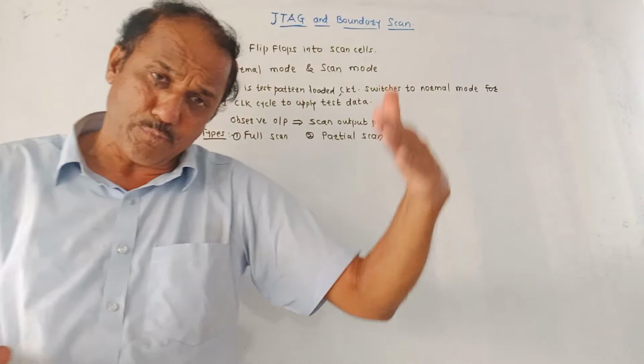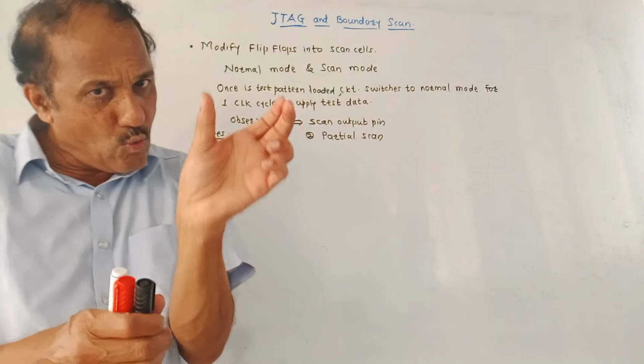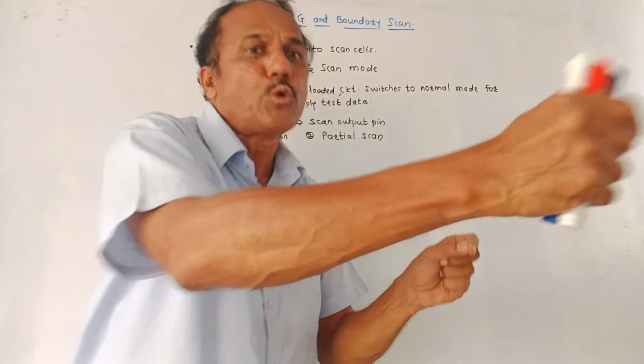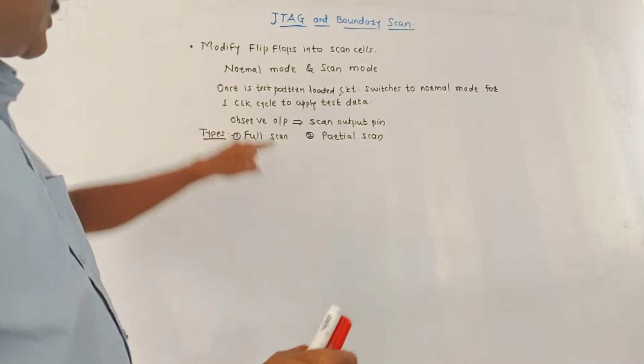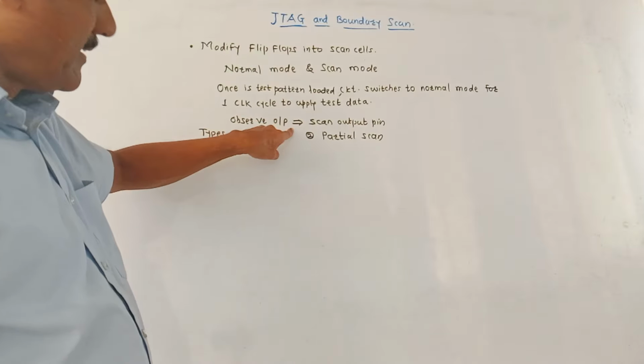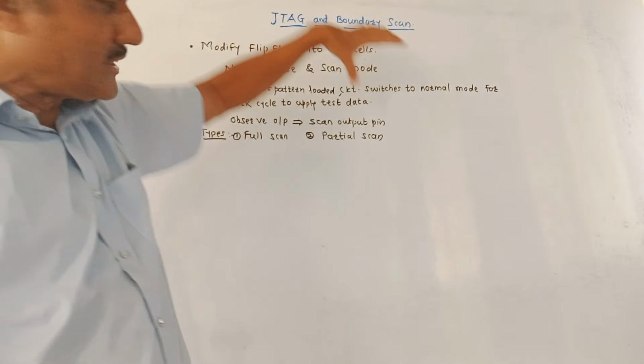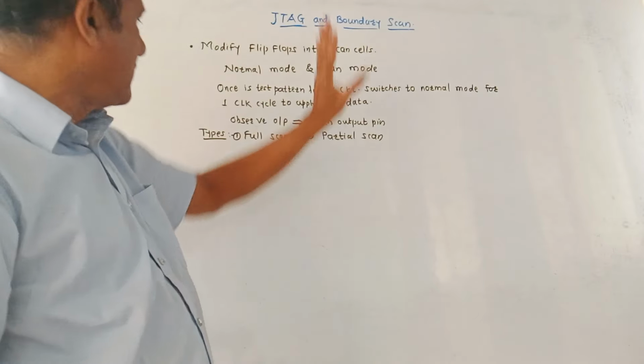So data is shifted from one point to another point. You are supposed to apply the test data at the input, and at the output observations are made. So observe the output signal that is available at the scan output pin. We are also going to discuss what are the different pins used in the circuit.